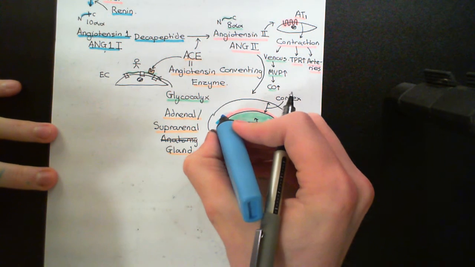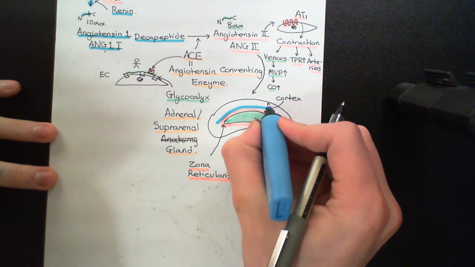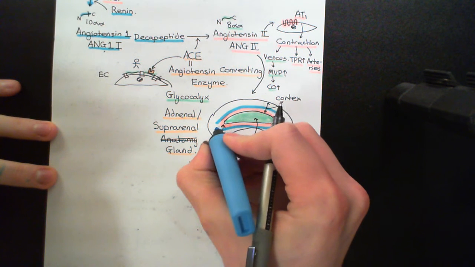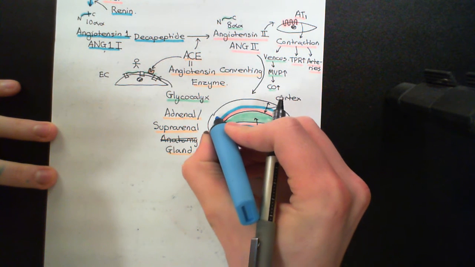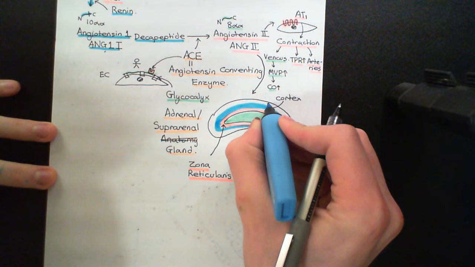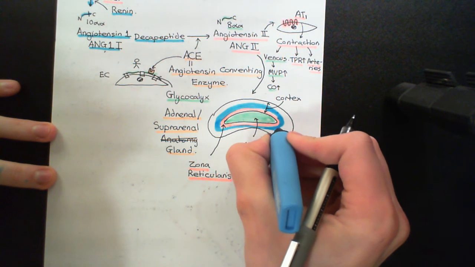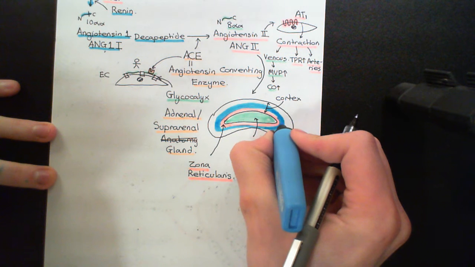Then, around Zona Reticularis, you'll have Zona Fasciculata, which is again a layer that we are not particularly interested in. This layer predominantly secretes the steroid hormone cortisol, which is released all the time to an extent.